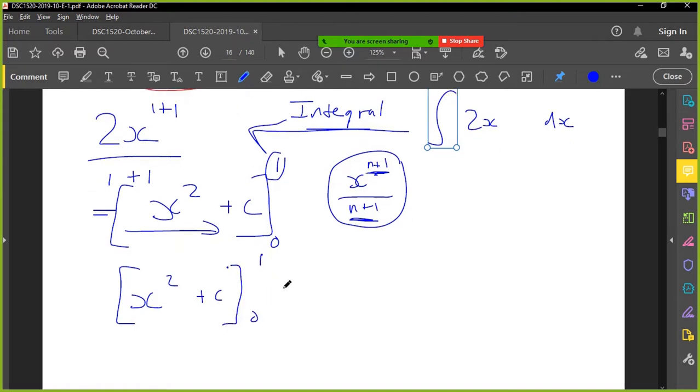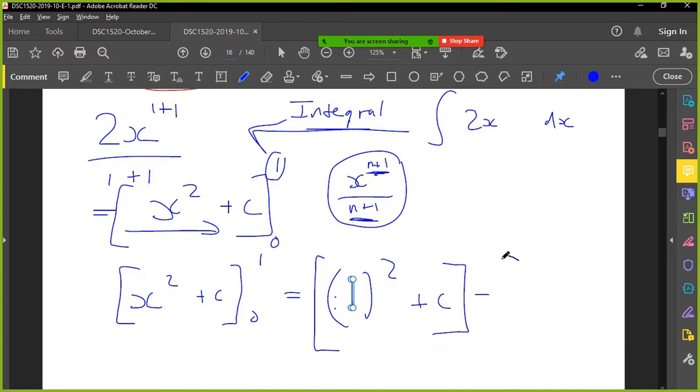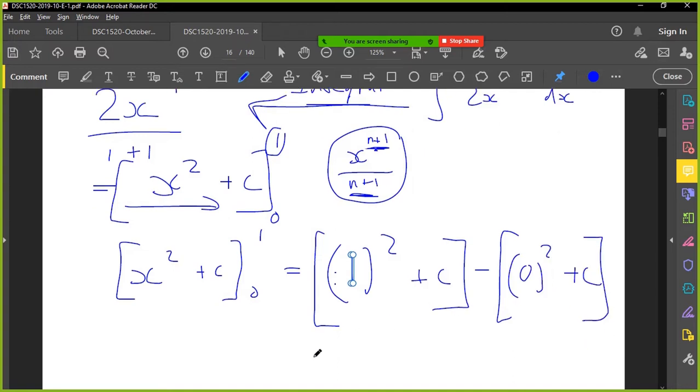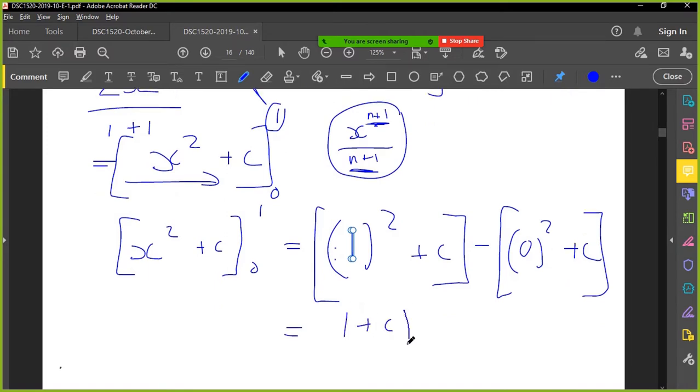This would equal 1 squared plus c, minus 0 squared plus c. Obviously 1 squared is 1, so 1 plus c, minus 0 plus c.